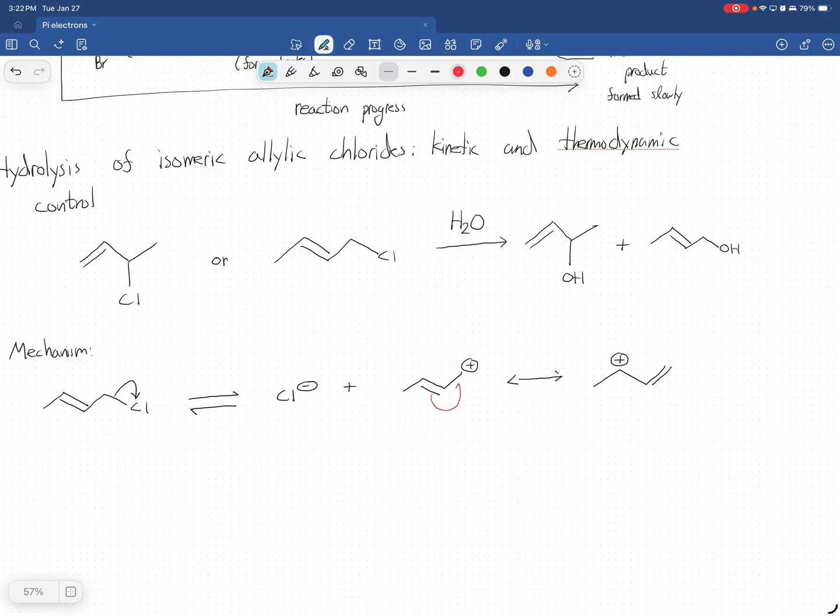Move this bond over right here. You get that carbocation, okay? All right. And then once this carbocation moves, okay, it will give us products here, okay?